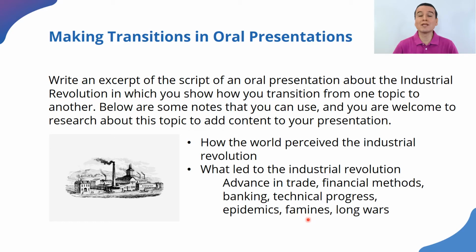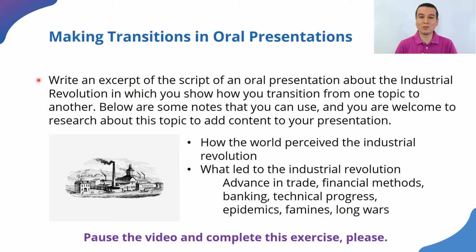Famines are periods of time in which people are hungry, so when there is not enough food for people to eat. All right, you may want to research a little bit more, but what I need here is actually just the transition between one topic and the next. So pause my video, complete the activity, write the script for the transition, and then I'll see you in a moment. Go ahead.